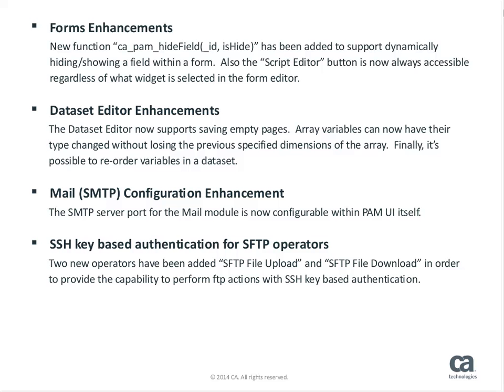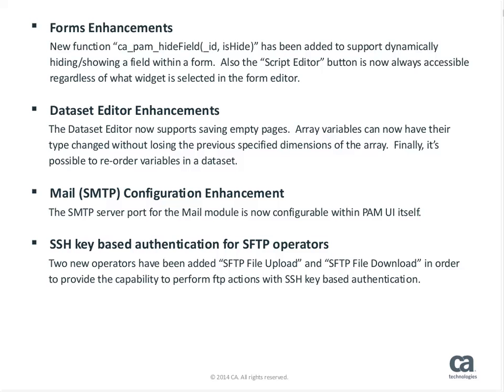For the mail module, previously, if you needed to specify a specific SMTP port, server port, you had to do that as a configuration item in Oasis config properties. It was a variable you would need to edit there. What we've done now is we've surfaced that in the mail module UI itself within the PAM UI.